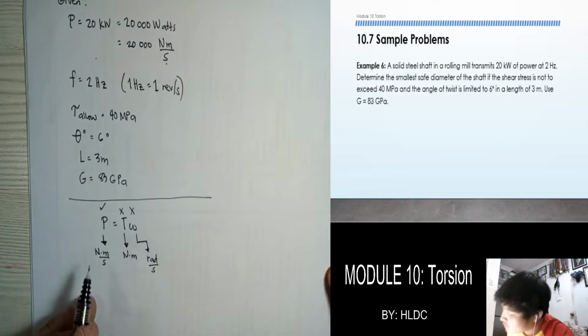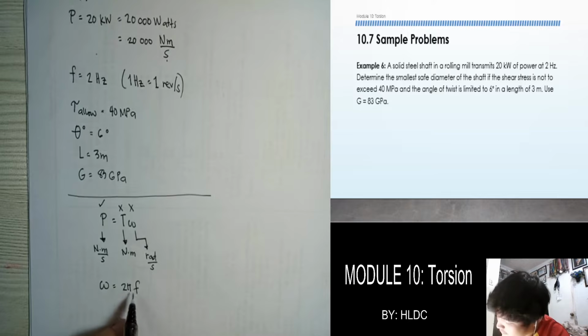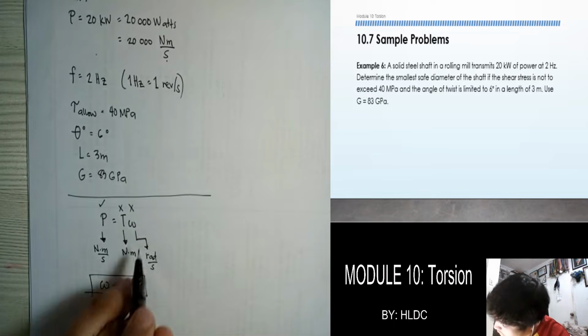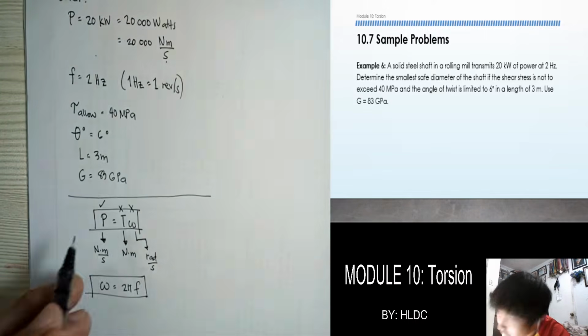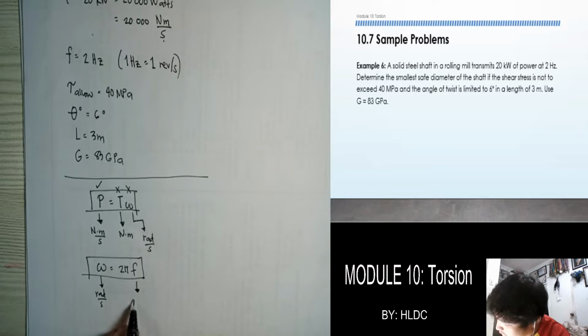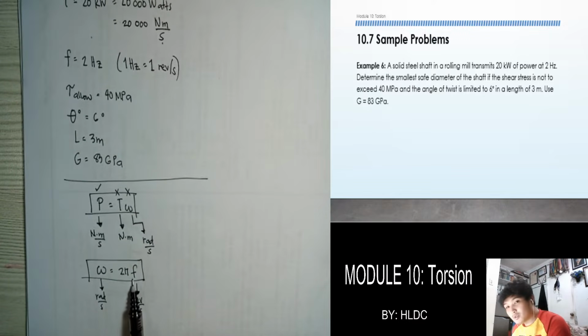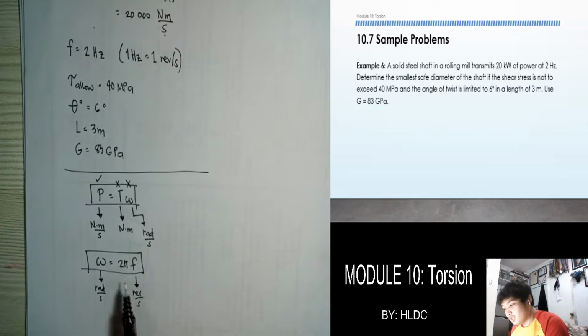So, pwede mong gamitin yung formula na to, class, that yung omega is equal sa 2 pi f. Pwede yan, class. But take note, kapag gagamitin mo tong formula na to, dapat ito naka radians per second, tas ito naka revolution per second. Kapag hindi naka revolution per second ito, class, so hindi applicable itong formula na to. Okay?